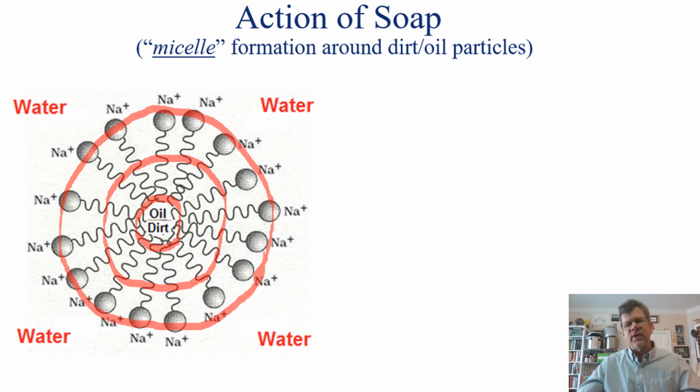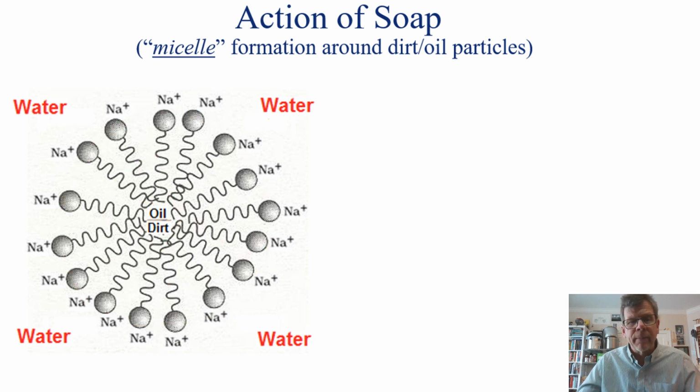So that means that this entire sphere, which is called a micelle, by the way, dissolves in water with its dirt and oil cargo. It dissolves in the water and flows away. By itself, dirt and oil, being hydrocarbon-like, has a very difficult time dissolving in just simply tap water and thus stays on your hands.